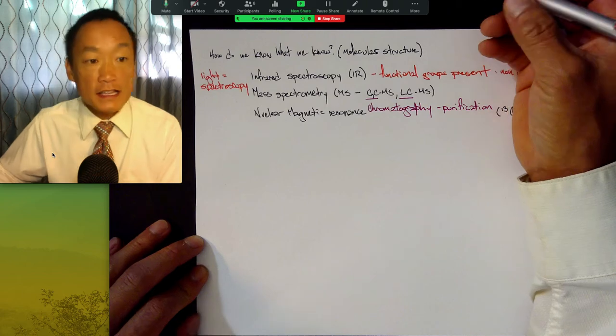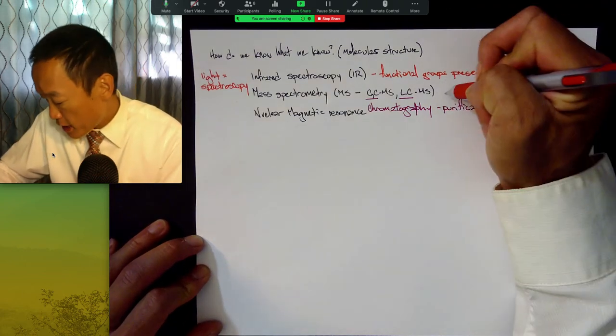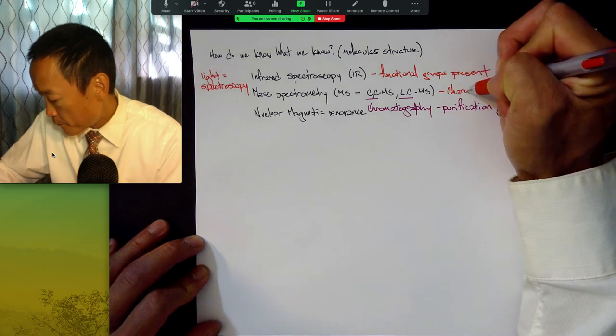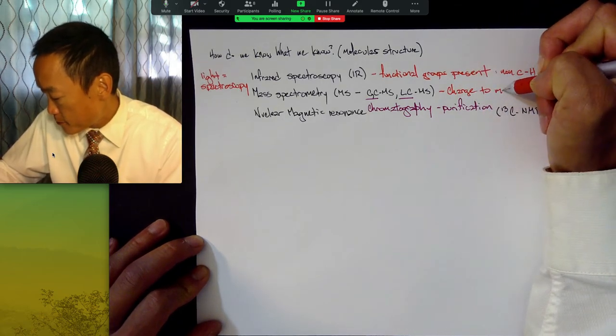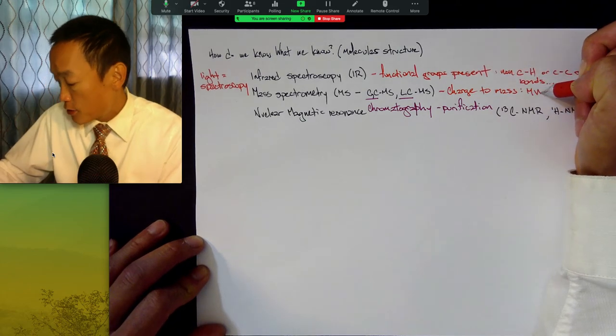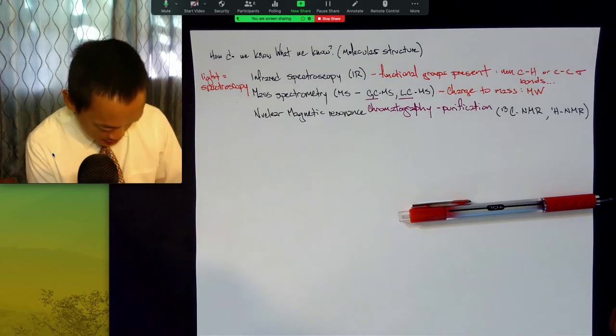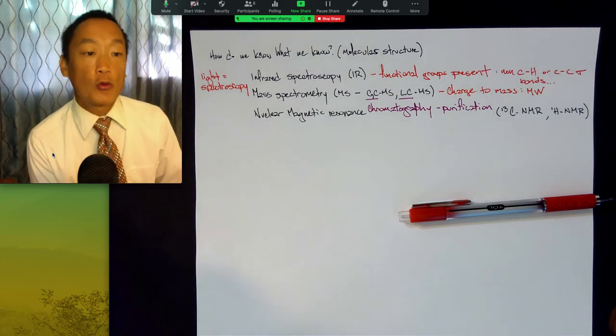When we look at the information that mass spectrometry provides, you're looking at the charge to mass ratio, which is the same thing as saying for us the molecular weight of the molecule, the formula weight. And that's not always true.